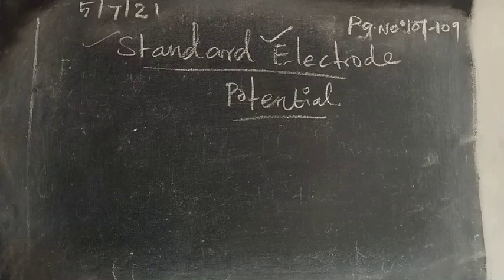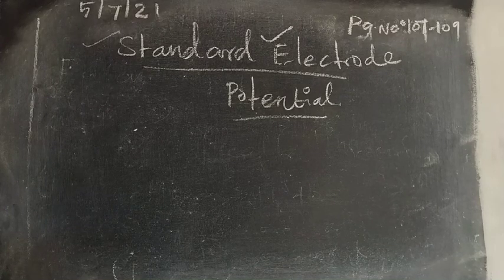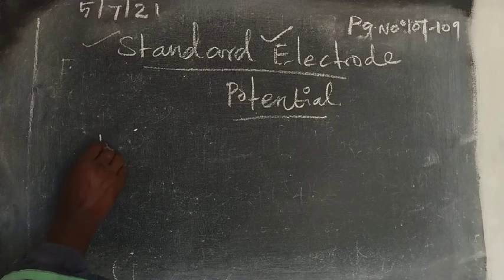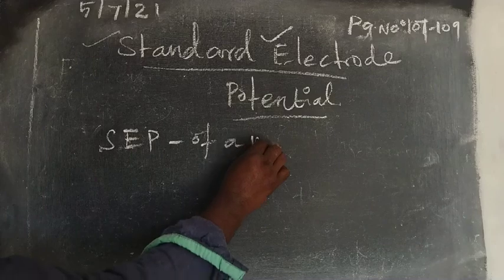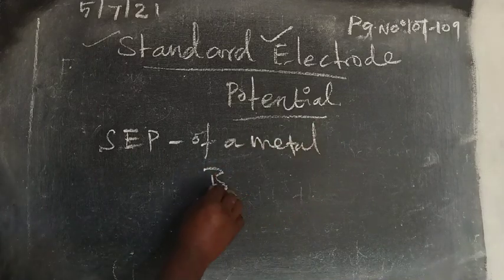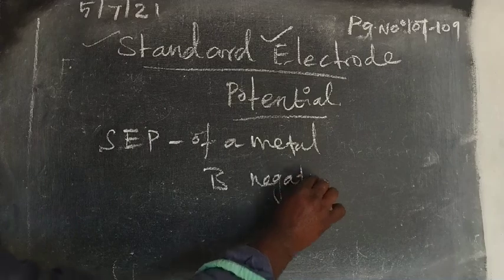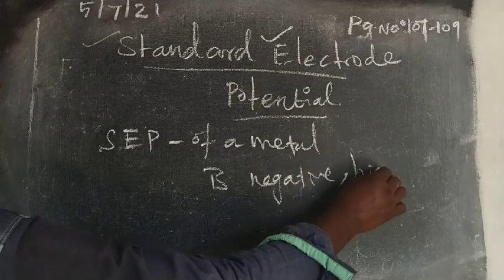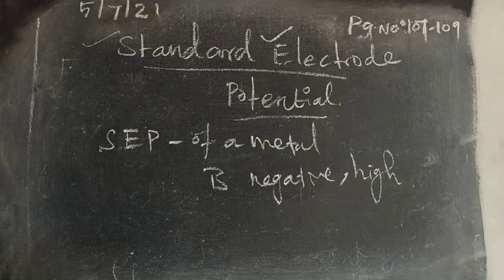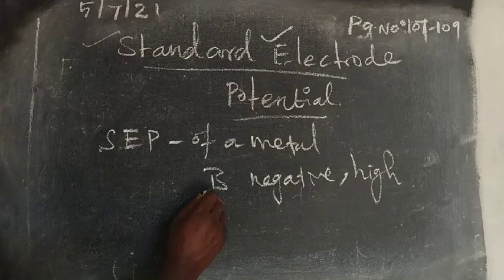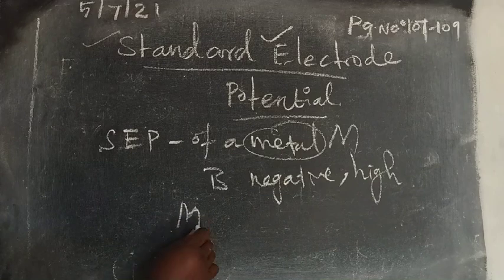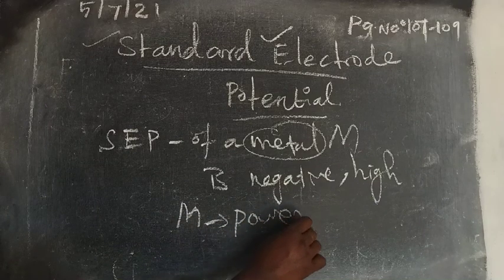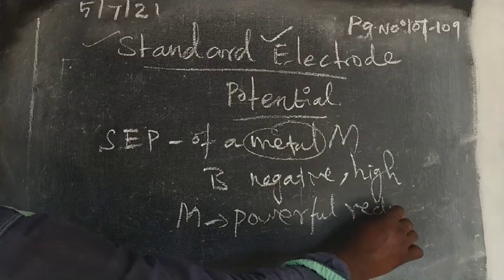See, if the standard electrode potential of a metal is large and negative, that is, negative and at the same time a high value, then this metal, we can refer to it as M, is a powerful reducing agent.